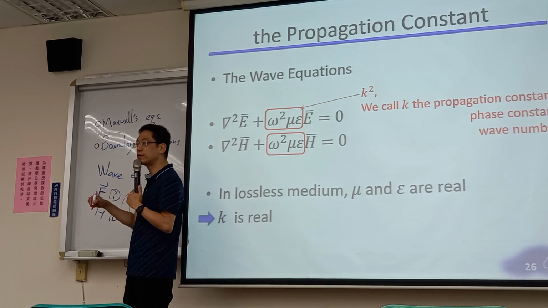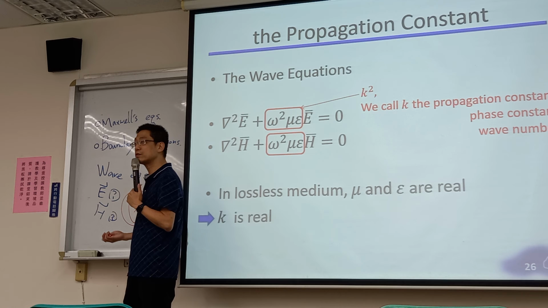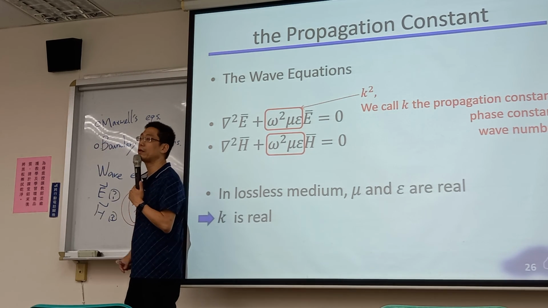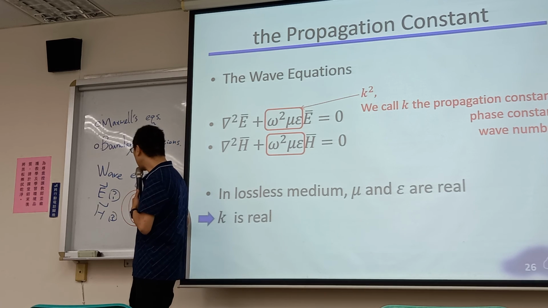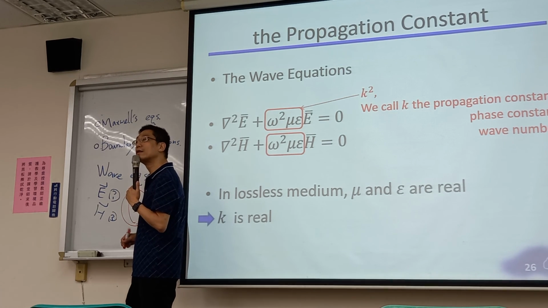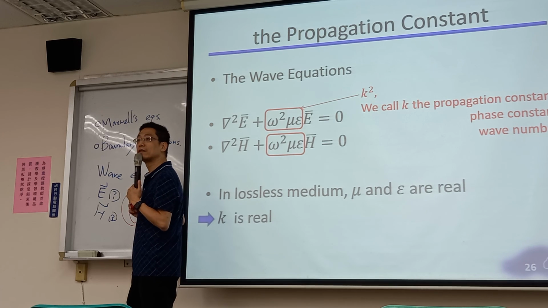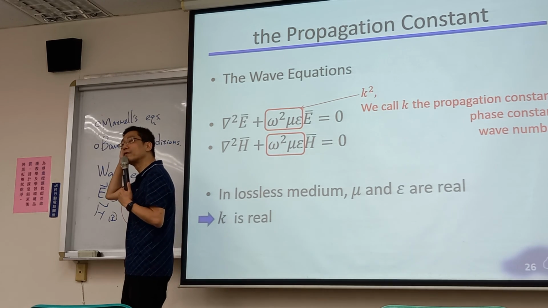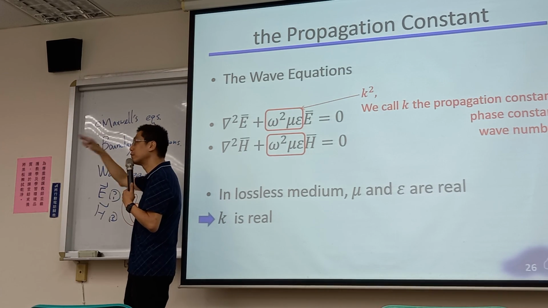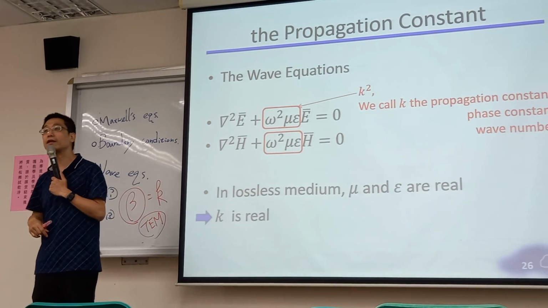You just remember this at the beginning. If this is the TEM wave, this is a simple one. If that happened, K is our beta. This is a phase constant. You have heard of phase before, right? We will discuss this maybe later.